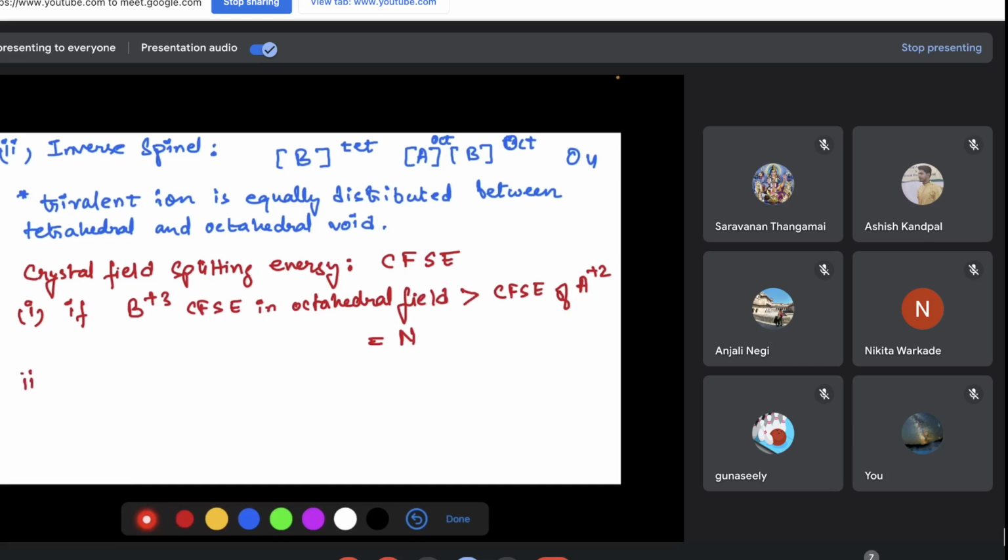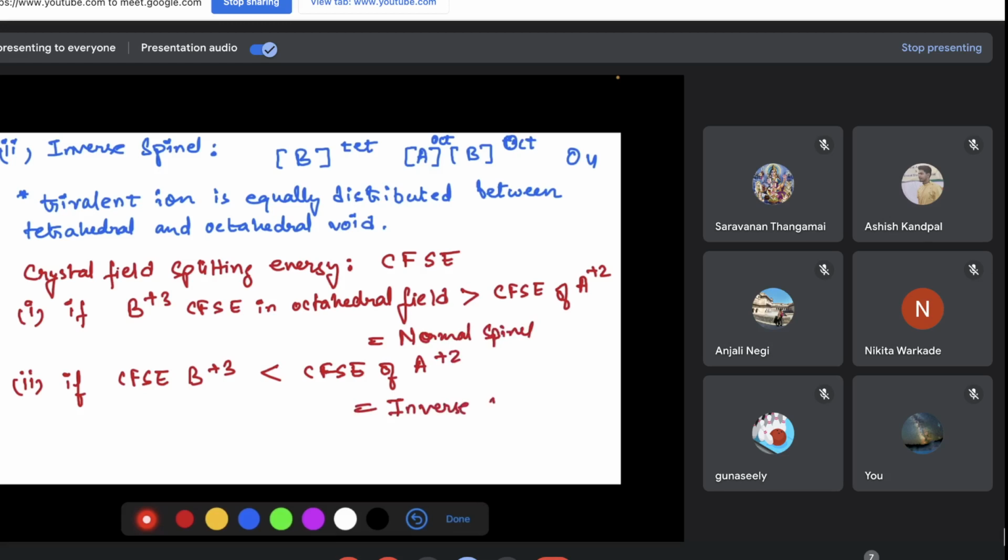Similarly, if the CFSE of my trivalent metal ion is less than the CFSE of my divalent metal ion, then it will be an inverse spinel.